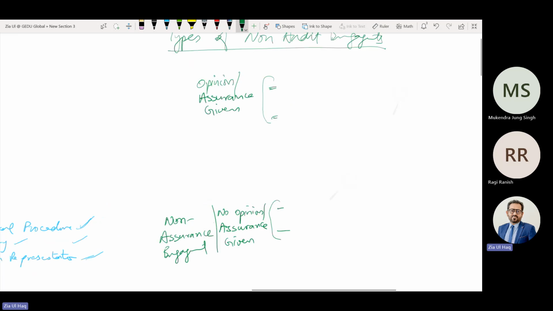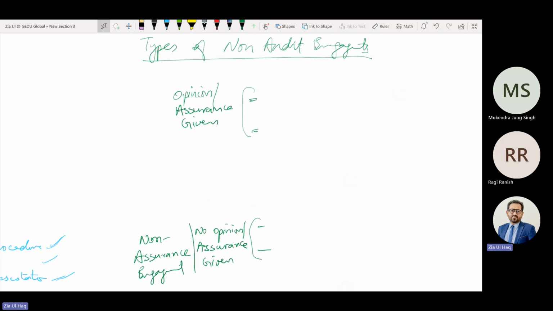What are the two types where we provide opinion and assurance? These are called review engagement and other assurance engagement.